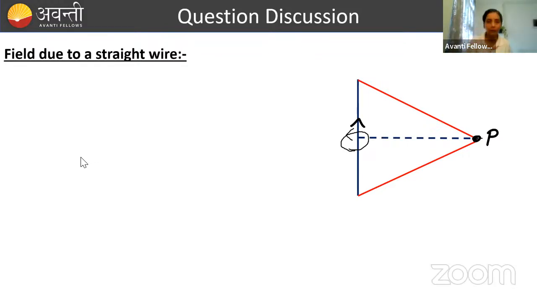So if I call this side A, this side B, then on side A, magnetic field is going to be inward, and on side B, magnetic field is going to be outward. जब भी मैं ये try कर रही हूँ, like when I'm showing you how to do it, you should also try doing it. कि take a pen and assume that current is flowing in the upward direction of your pen.